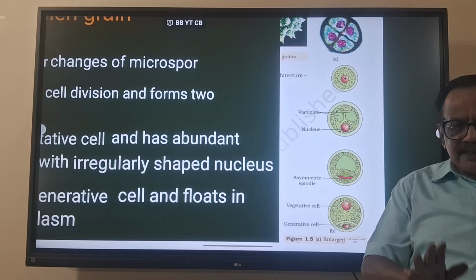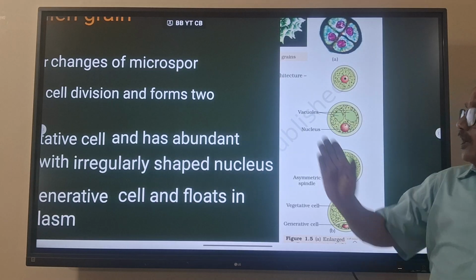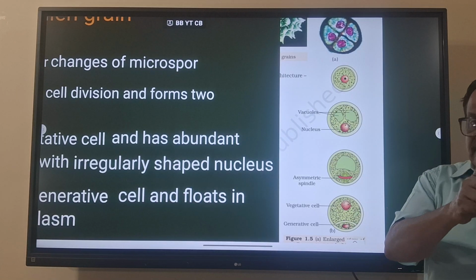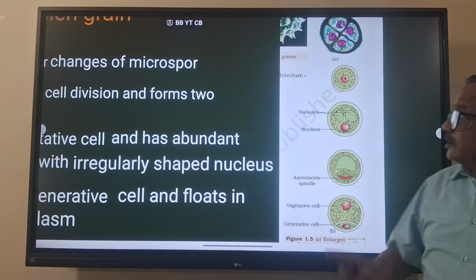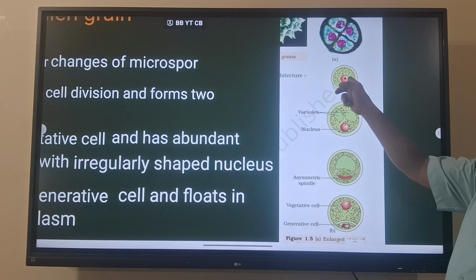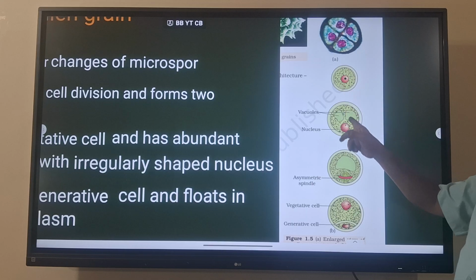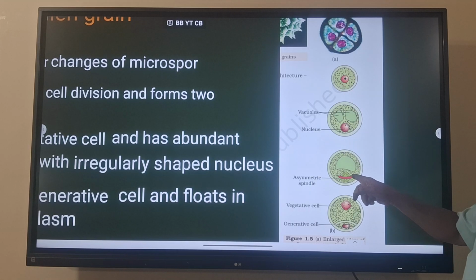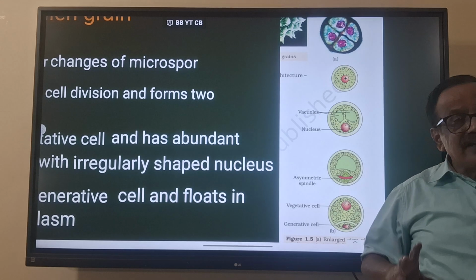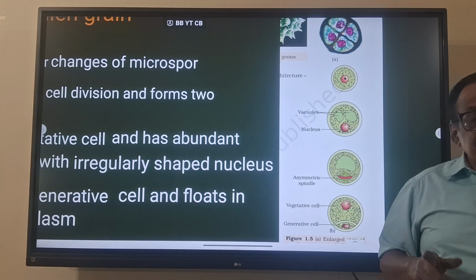Now, is it necessary to separate the formation of the pollen grain or not? Yes, it is. The microspore has taken one mitotic division and formed two cells. The two cells have some dissimilarities.